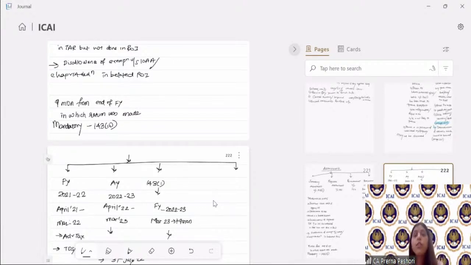We have done that while dealing with refund under 237.